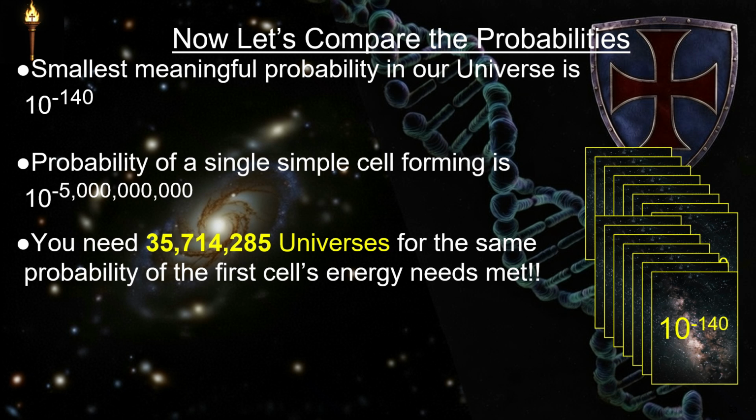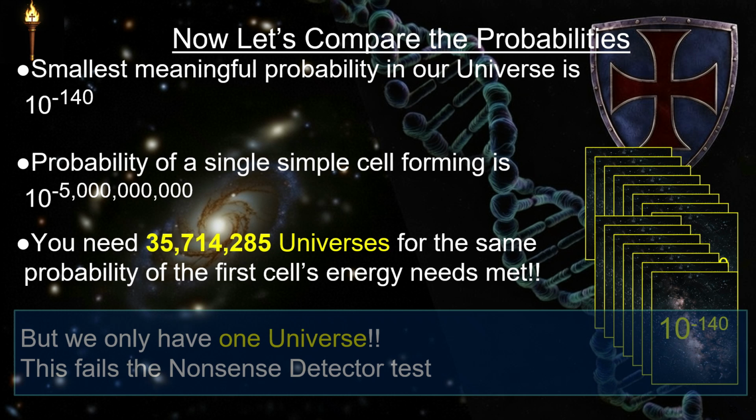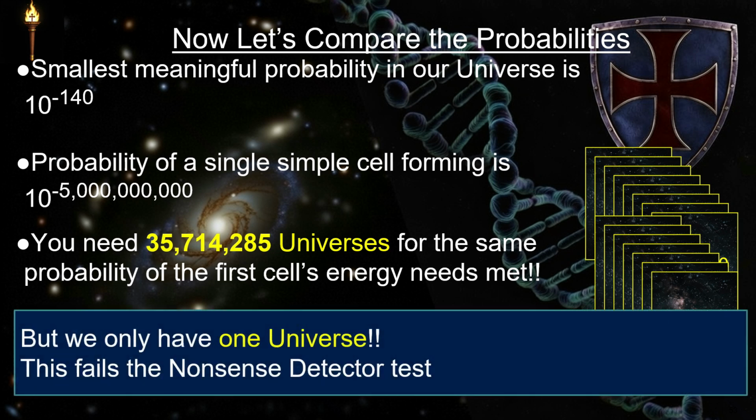So we're comparing the smallest meaningful probability in the universe with the probability of a simple cell forming. You need 35 million universes. How many universes do we have? We only have one universe. So this fails the nonsense detector test. Anything that requires more than one universe is just nonsense.